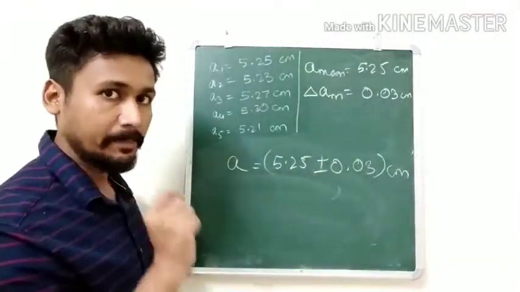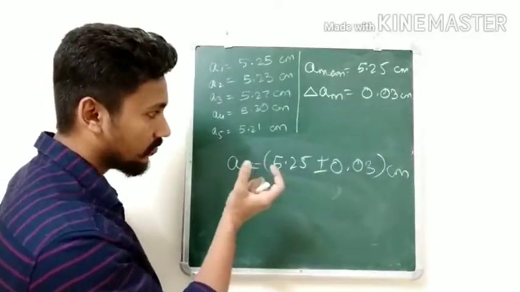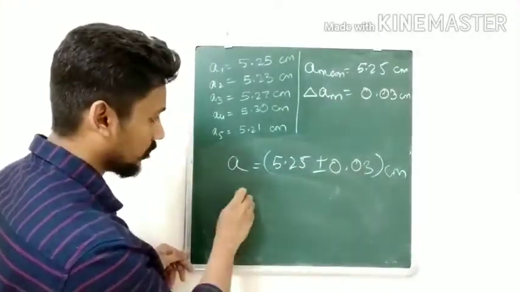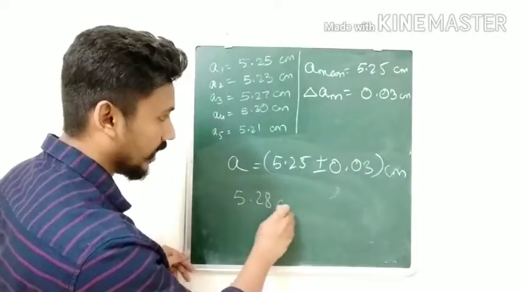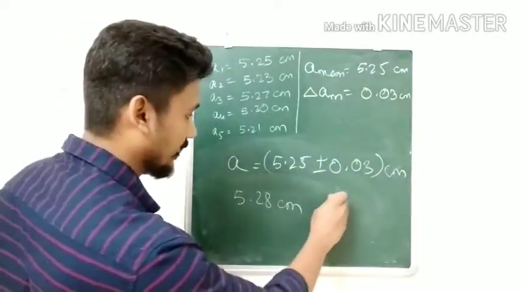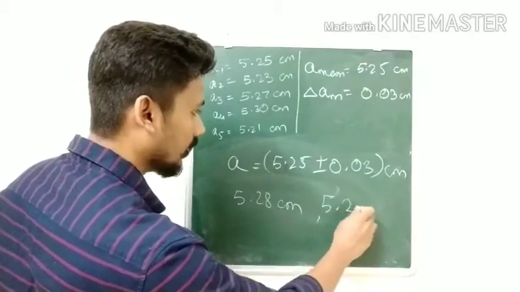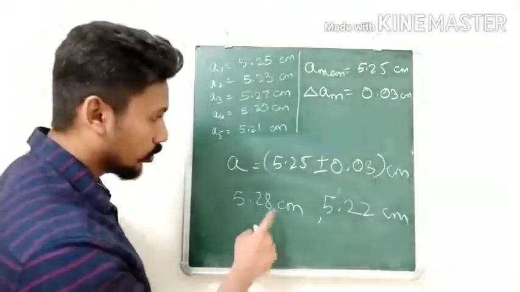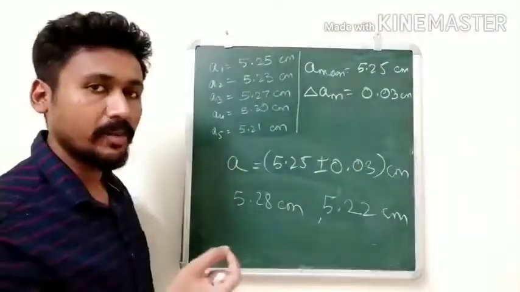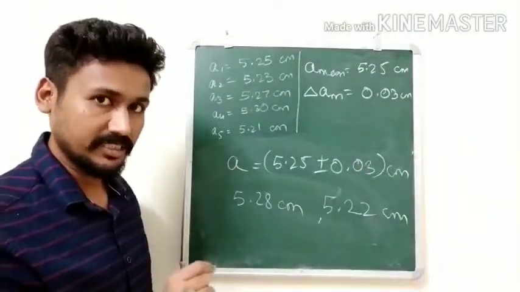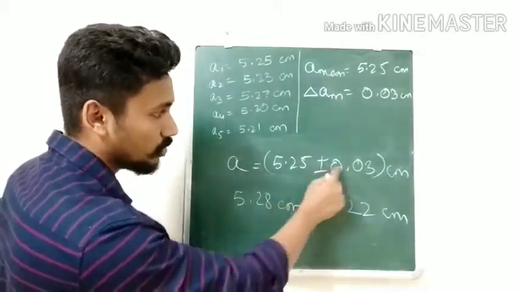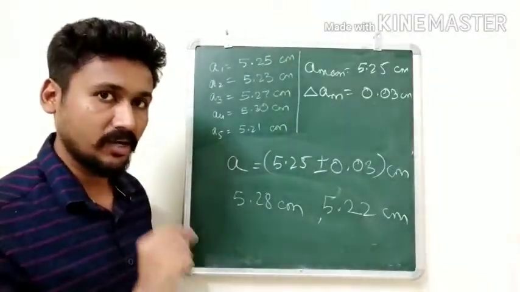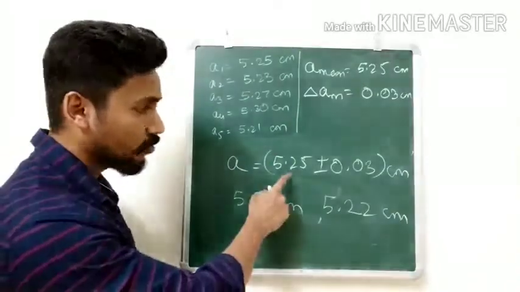Means we are accepting that the value of that object will either be 5.25 plus 0.03, that is 5.28 centimeter, or less, that is 5.22 centimeter. Getting the idea? So exact length we are not able to tell because there are errors in the measurement, but it will be very much close to this value, and that is the reason for doing this kind of error analysis.